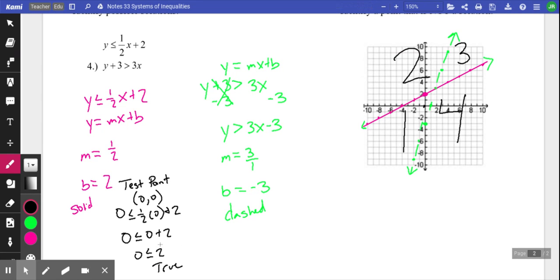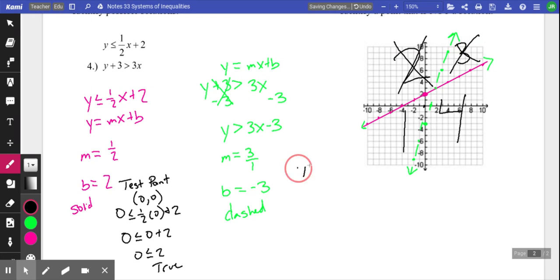But because it's true, it's telling me that region 1 is a possibility for where my solutions lie. Don't forget that this is my solid line that I'm comparing it to. So what other region is on the same side as the solid line? Look at the solid line, look at the regions. 1 and 4 are on the same side, which means that region 2 and region 3 are out. So I'm either going to shade region 1 or region 4.